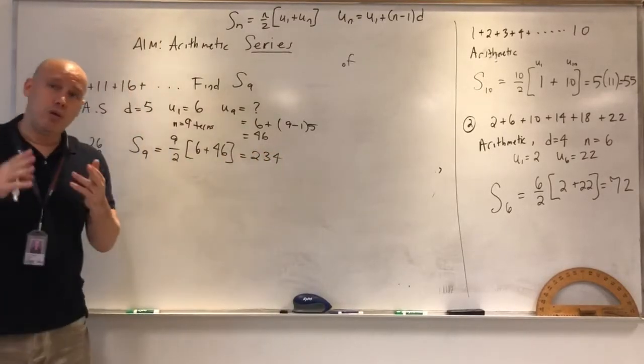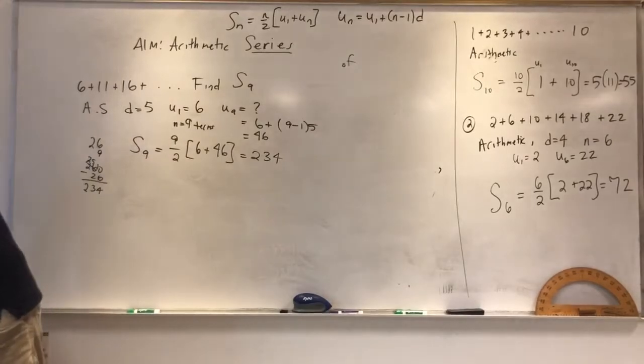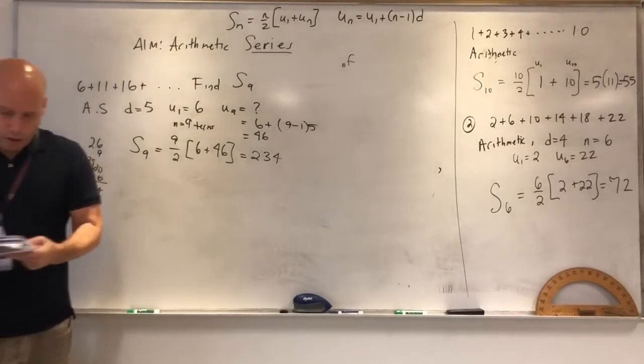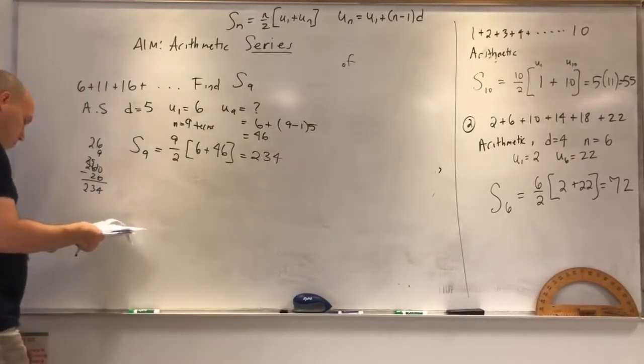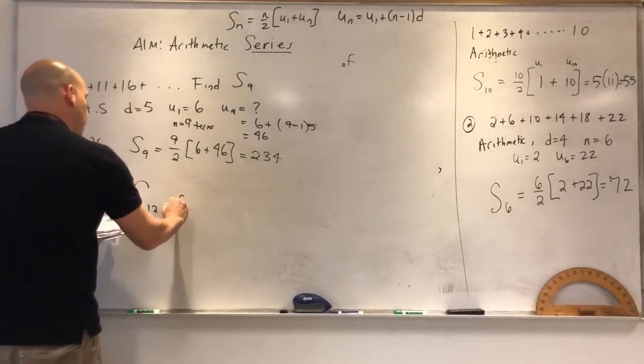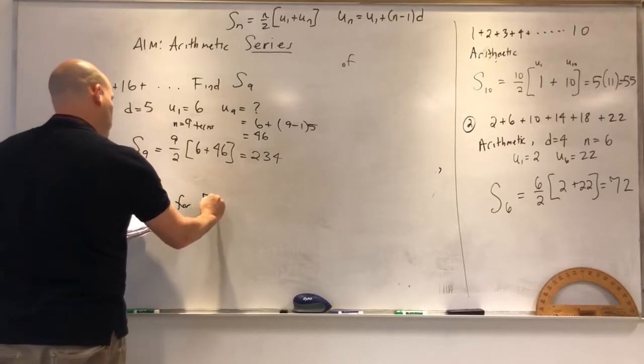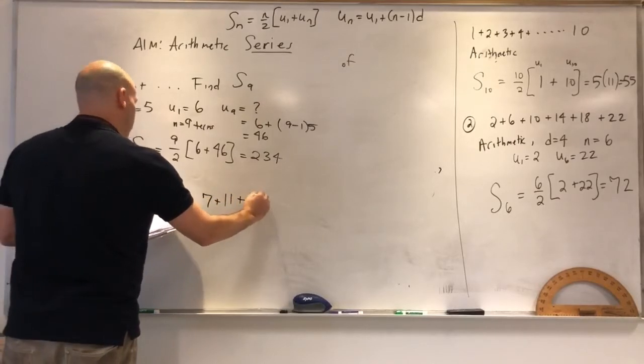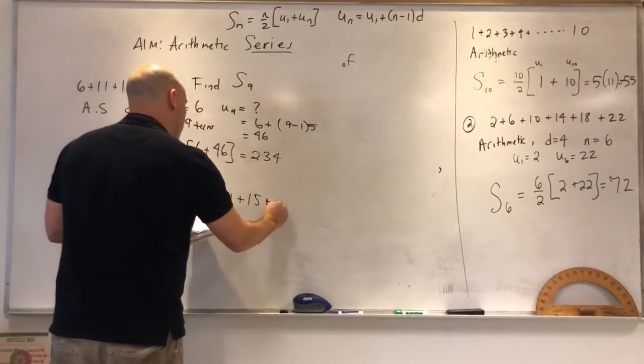Once again, you can use a calculator for this. Try this one on your own. I want you to find S of 12 for 7 plus 11 plus 15 plus dot, dot, dot.